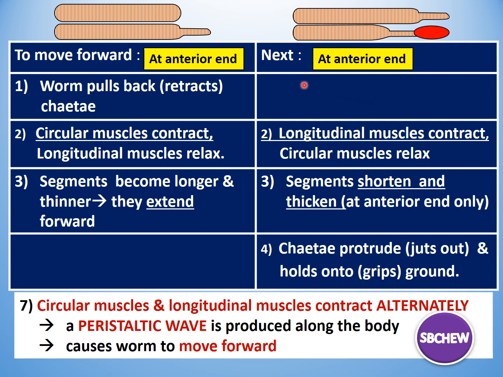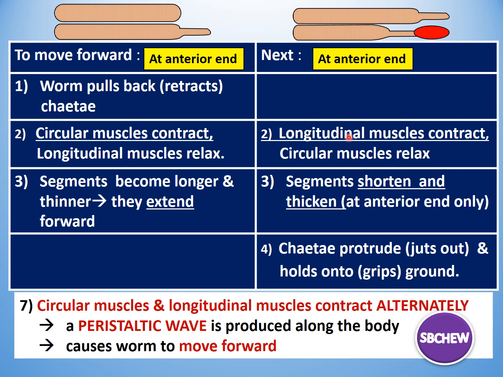The next thing it does, again at the anterior end, is to let the longitudinal muscles contract while the circular muscles relax. So if the circular muscles contract, longitudinal muscles will relax. And the reverse occurs if longitudinal muscles contract, circular muscles will relax instead.